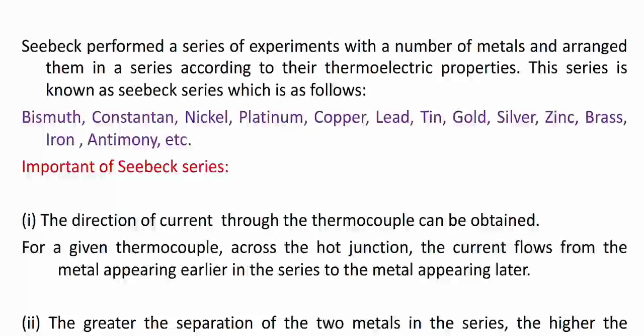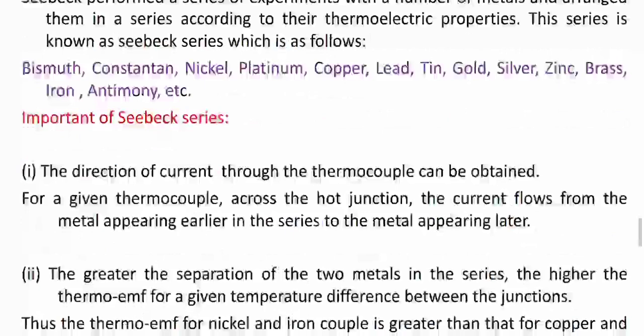It can also be obtained from the Seebeck series. That means if we connect bismuth and constantan, where bismuth is in the upper position of the series and constantan is in the lower position, and the hot junction is bismuth and the cold junction is constantan, then current will flow from the hot junction, from bismuth to constantan.